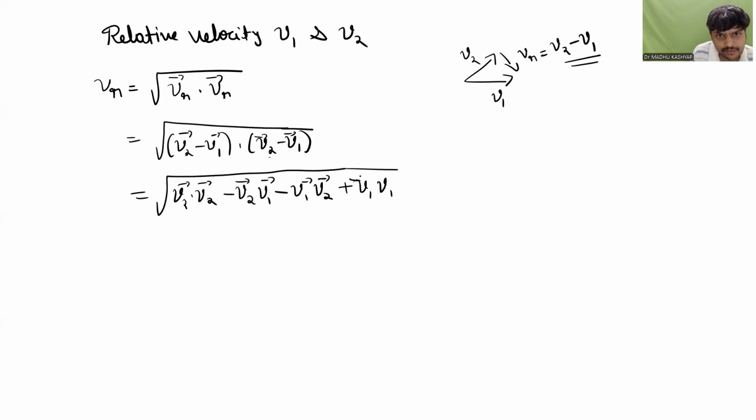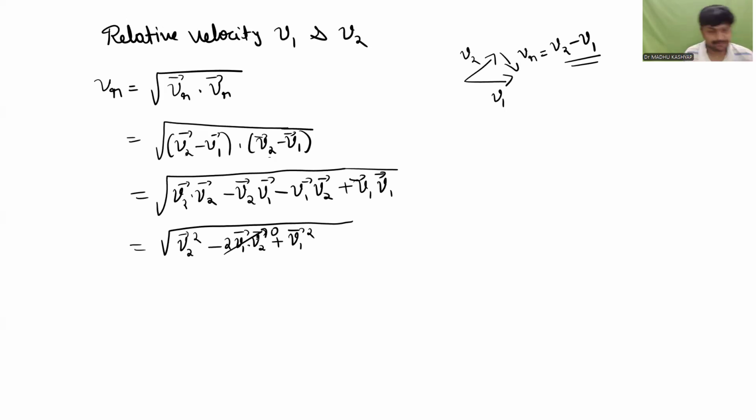This can be written as v2 squared minus 2 v1 dot v2 plus v1 squared. The middle part you can write as 0 because they are random vectors, so that part can be removed.